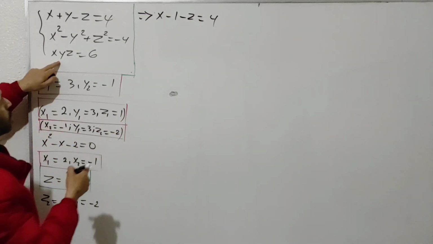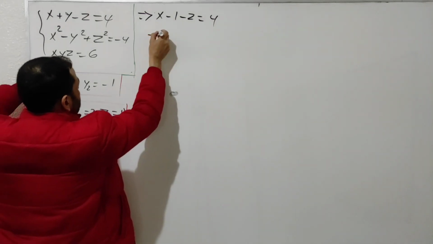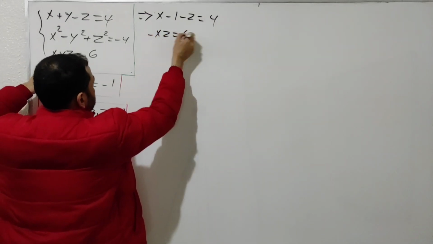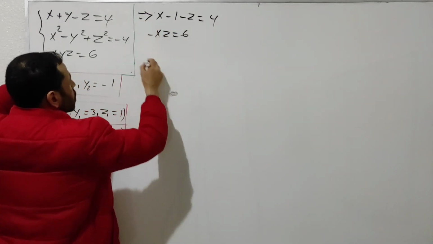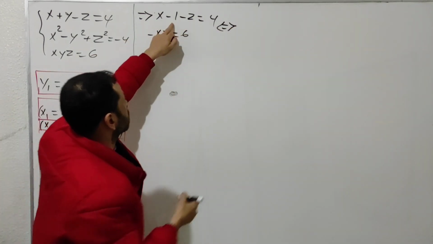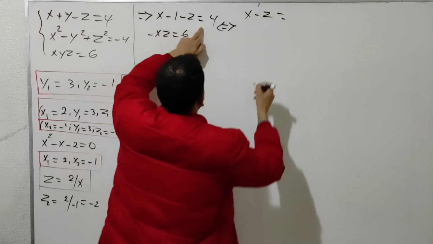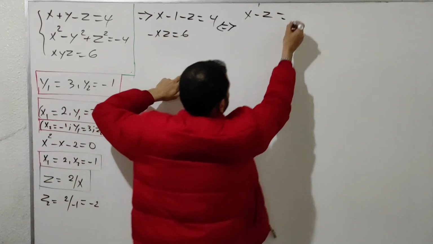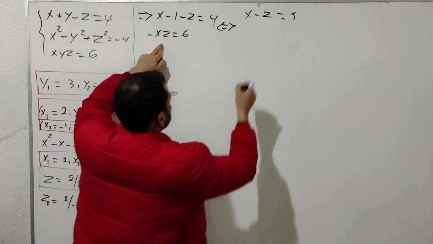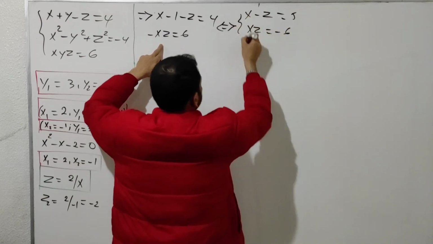In the last equation, I'm going to replace y with minus 1, and I will get minus xz equals 6. By simplifying, I will have x minus z equals 4 plus 1, which is 5. The second one, I will have xz equals minus 6.